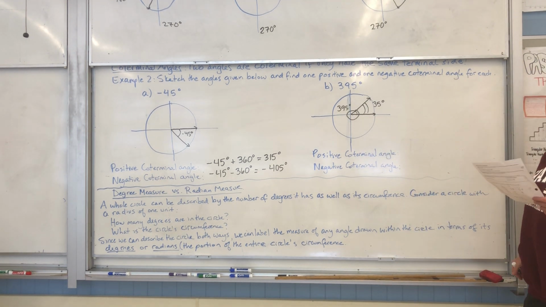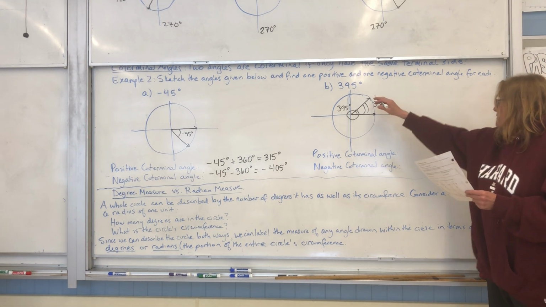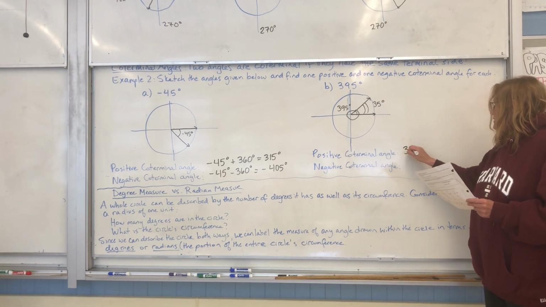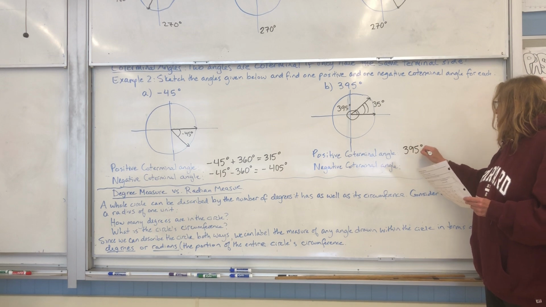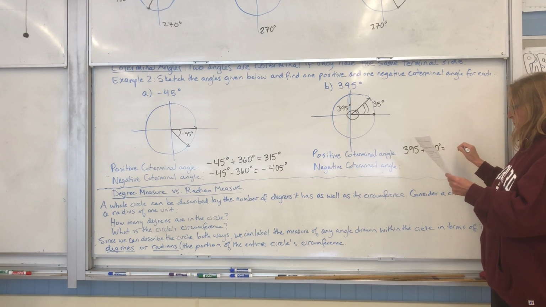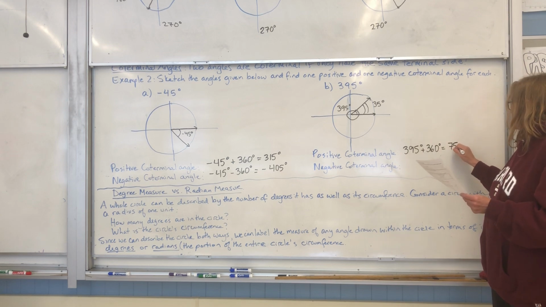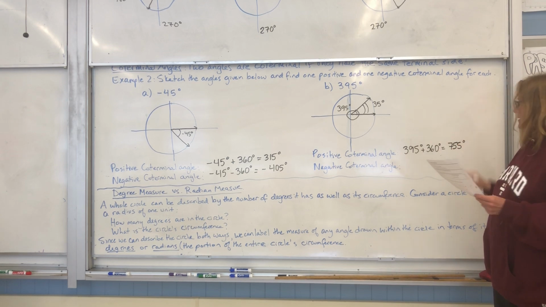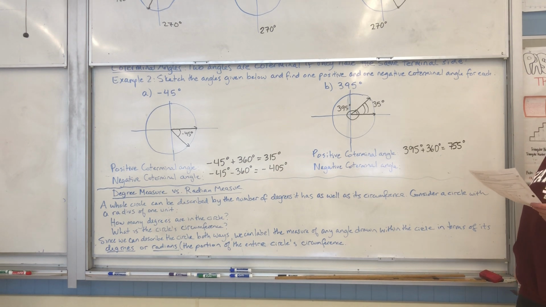Okay, guys, we want a positive coterminal angle. So we're going to start with the angle they give us, 395, and we're going to add 360. And that's going to give us a positive coterminal angle. Now here's the thing here, guys.